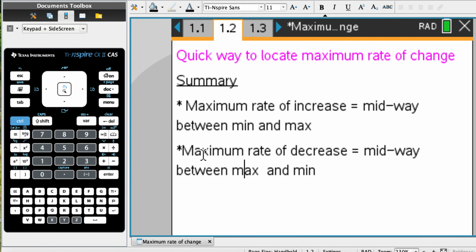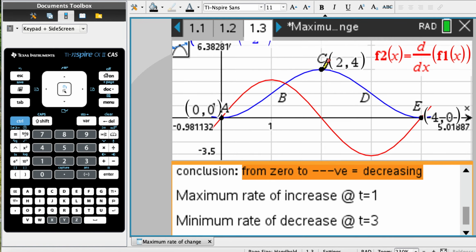I said the maximum rate of decrease simply equals the midway between your maximum and your minimum. You must agree with me, right? This is your maximum and this is your minimum, and at D is where the maximum rate of decrease is going to be. So that's one way to do it.